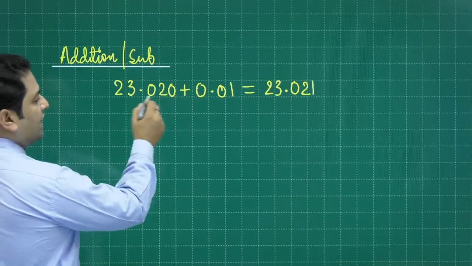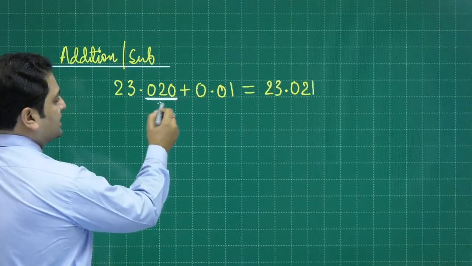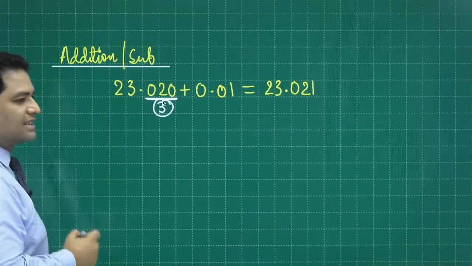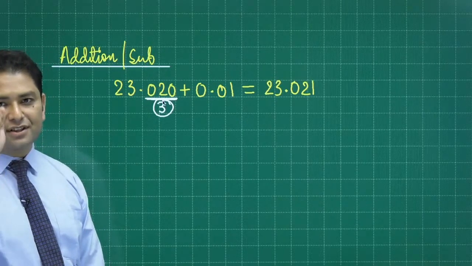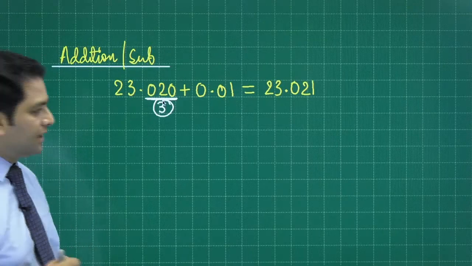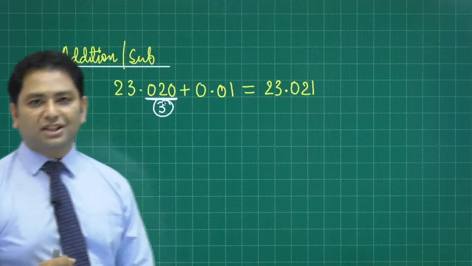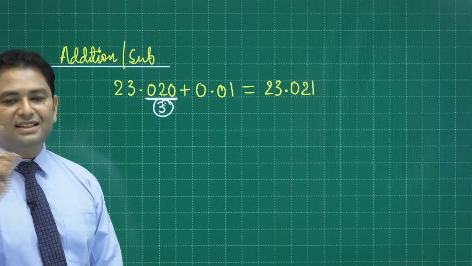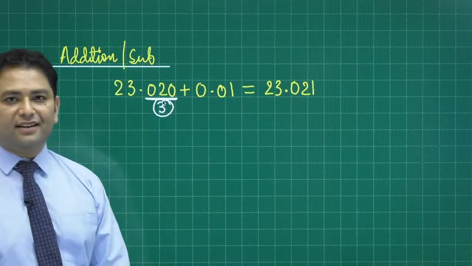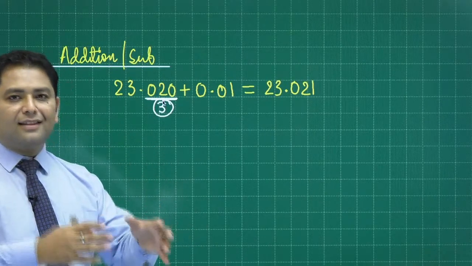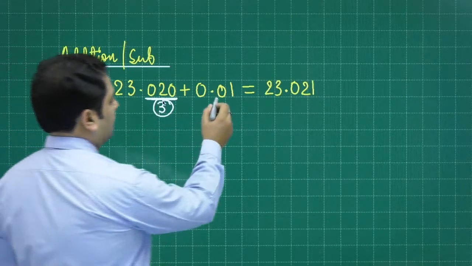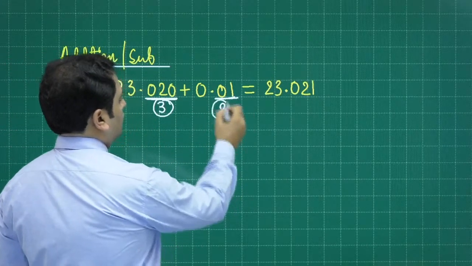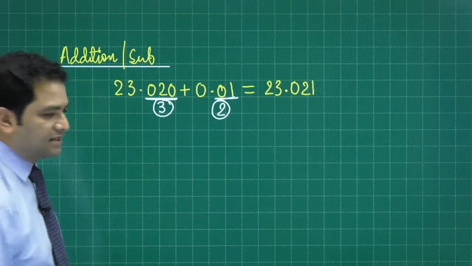In addition and subtraction, we don't see the number of significant digits. We see the digits after the decimal. I repeat again, while we go for addition, subtraction, we don't see the number of significant digits, we see the digits after the decimal. This has 3, and here there are 2 digits after the decimal.